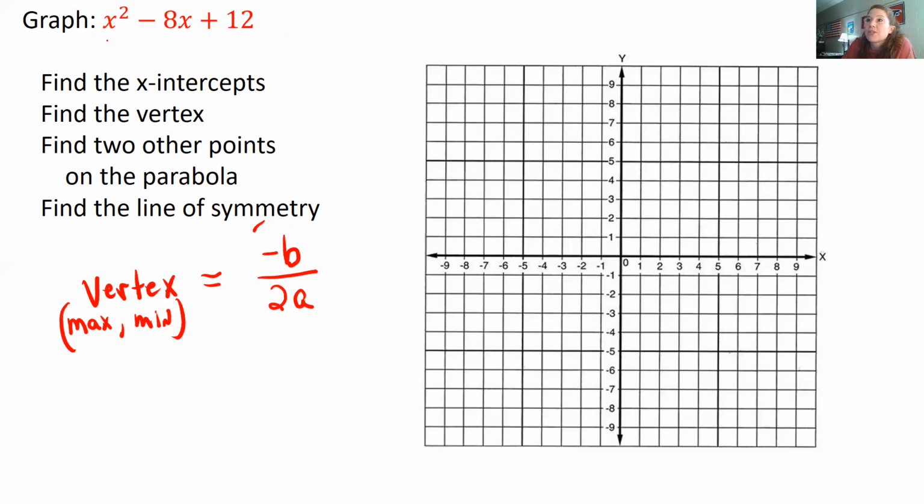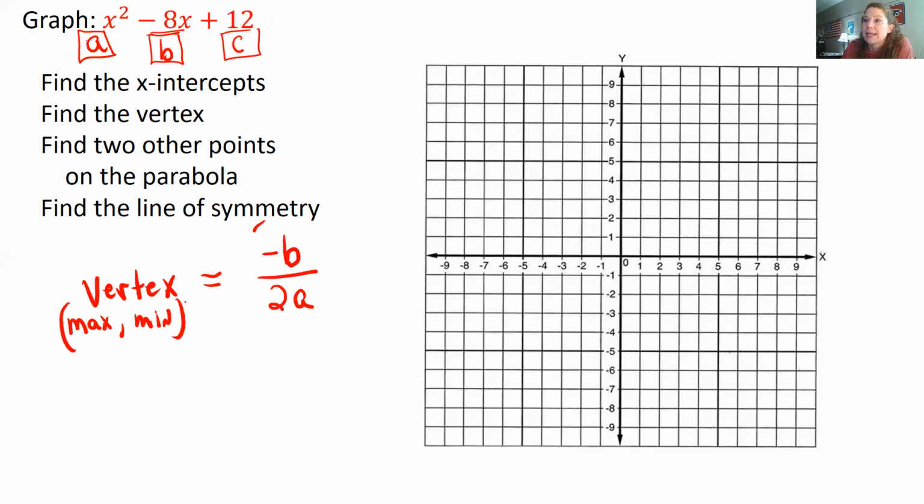Okay, so our leading coefficient is A. So this is always going to be A, the leading coefficient. The number multiplied by x to the first power is B. And your constant is always letter C. And we'll use C later.